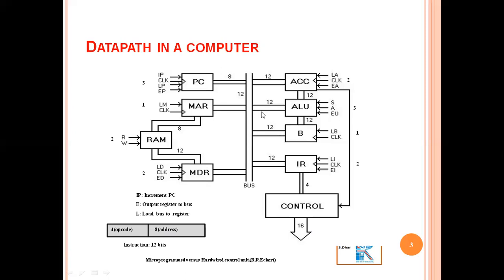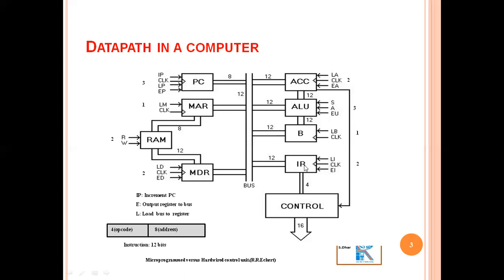Now, how will the control signals actually transfer the data? I have already told you that an instruction means some register transfer operation. Suppose we want to transfer the data from the instruction register to the program counter. Which control signal should be activated? Data will go from IR to the bus, that means EI should be activated, EI should be 1.